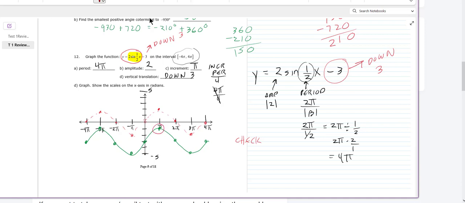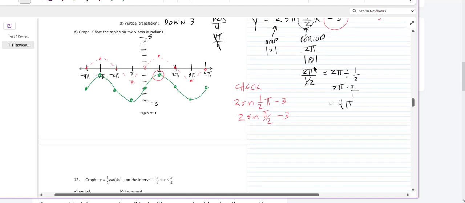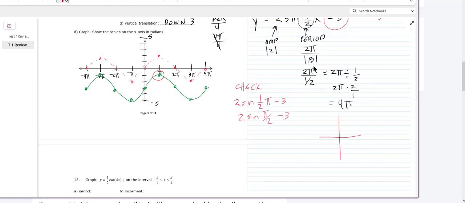Okay, for instance, let's just check pi. So if I plug it in, if I do 2 sine of 1/2 times pi minus 3. Well, this is what's basically going to happen. You're going to have 2 sine of pi over 2 minus 3. You would look at your unit circle that we created on the first page, and you would find at pi over 2, you're at the point 0, 1.